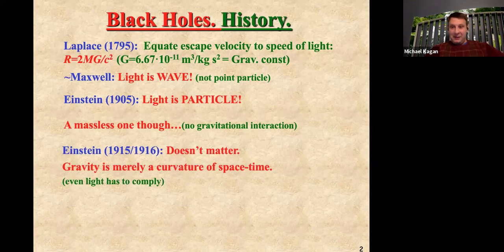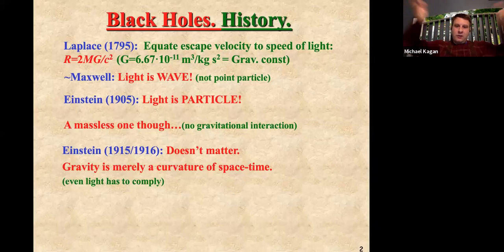And then Einstein comes again in 1915 with his general theory of relativity, where he says that the force of gravity is not really a force, the way we understand it, it's a feature of space-time. It's the curvature of space-time. So our space-time is curved, and everything within it has to comply with that curvature, including light. So what a black hole does, you may have seen those two-dimensional pictures with a funnel.